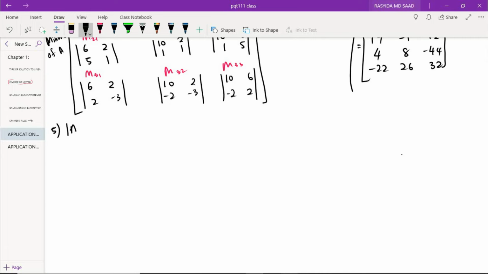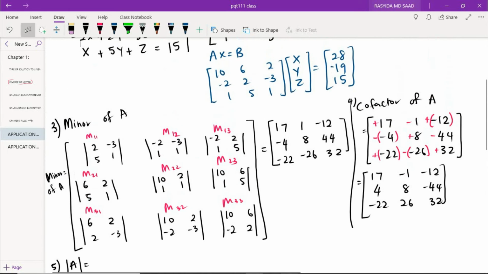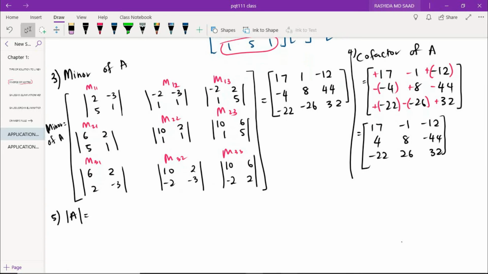Okay, determinant of A. As for this one, I will use expanding along, let's take a look. Since there is no zero, maybe I will expand along the third row, because the value of the element is quite small compared to the other elements. So it will be 1, 5.